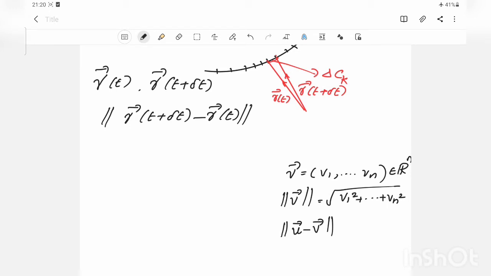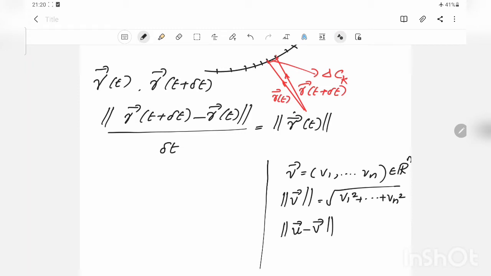And if delta t is very small, this value is approximately equal to the norm of gamma dot of t times delta t. It follows from the definition of gamma dot of t. So the length of the piece is approximately norm gamma dot of t delta t.